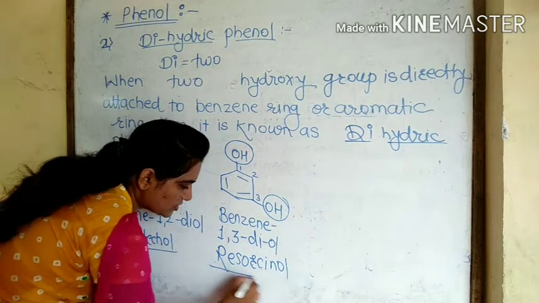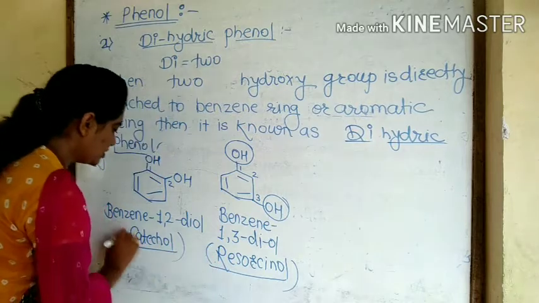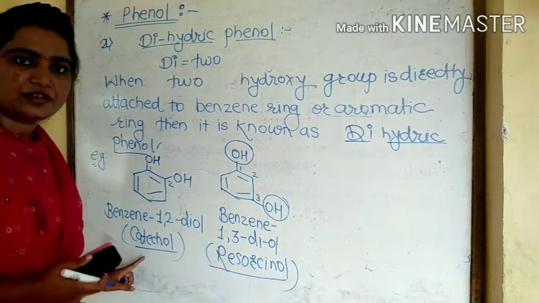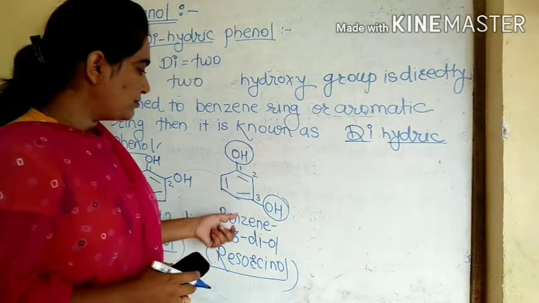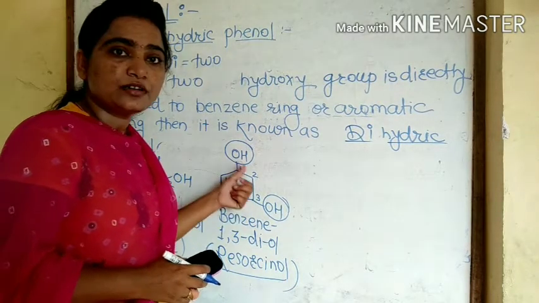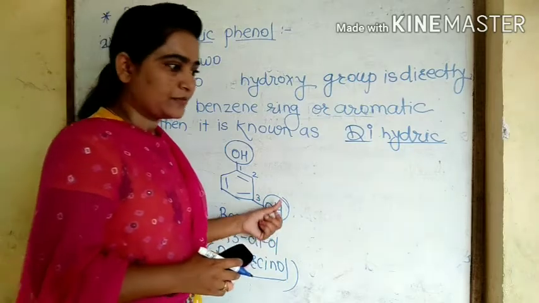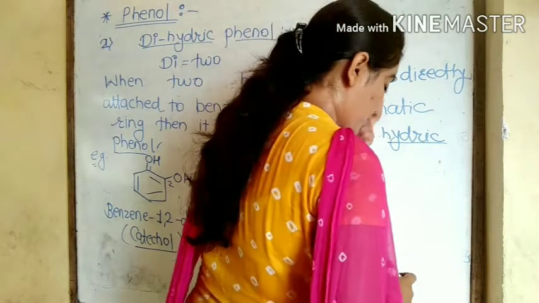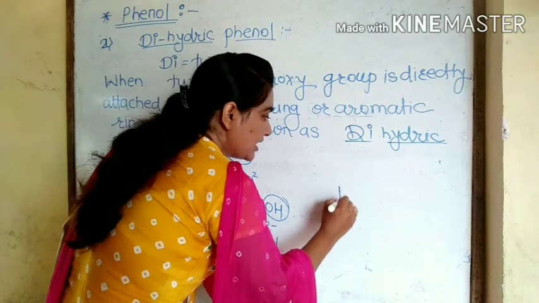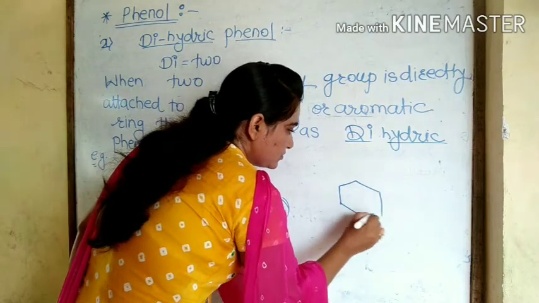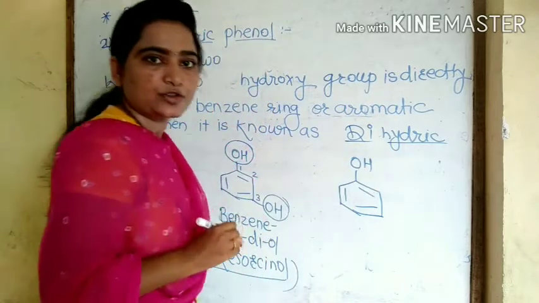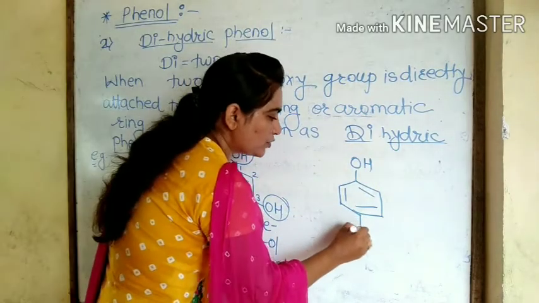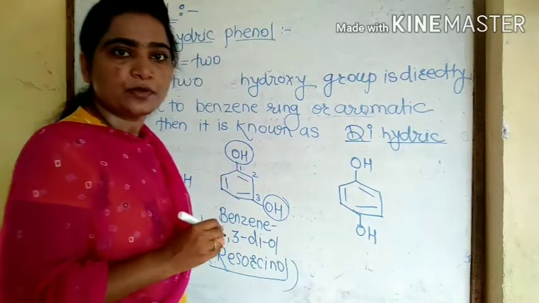The common name of this compound is resorcinol. Now the third compound we can take here is benzene-1,4-diol. It is also called hydroquinone. Here at one position presence of OH group and at the fourth position again presence of OH group.